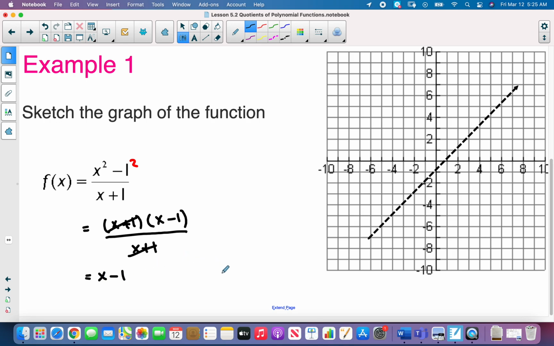And you know that at the value of x equals negative 1, for this function f of x, what would we get? We would get 0. So you put negative 1 over here and negative 1 over here, and you'll get a scenario where you have 0 over 0.